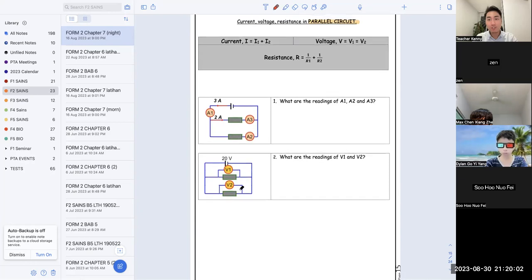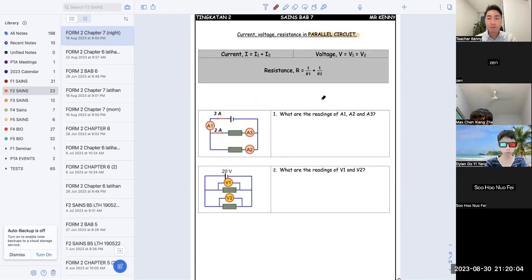So let's start. What are the readings of A1, A2, A3? What does it mean by A1, A2, A3? So always ask, master formula is this, correct? The I, the master current, always comes out from the battery. So this is the master giving out 3.